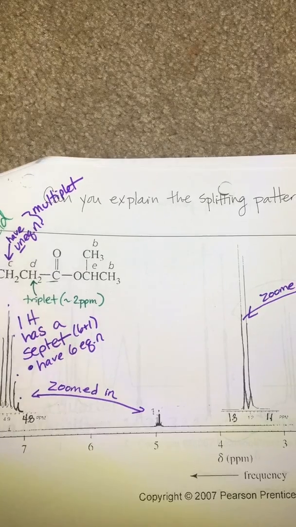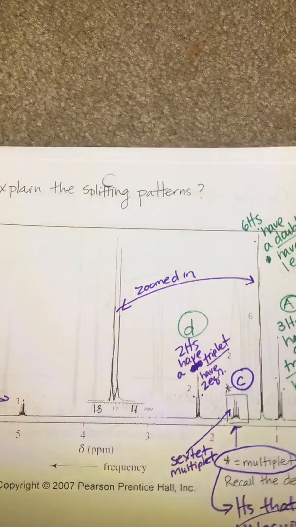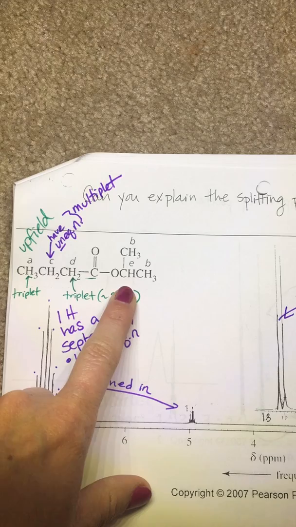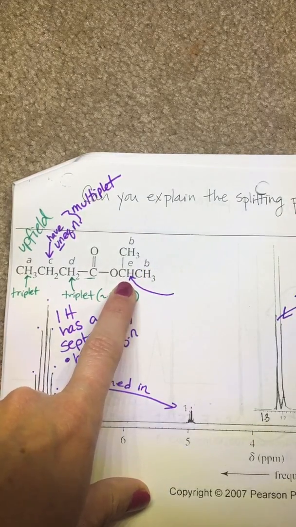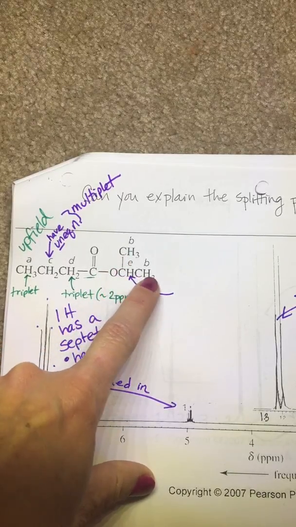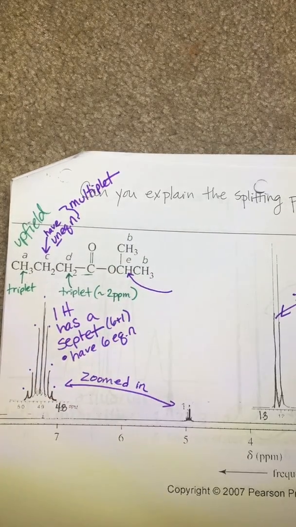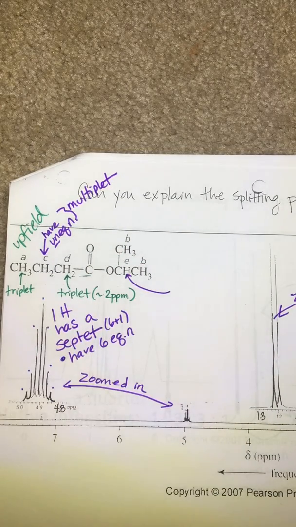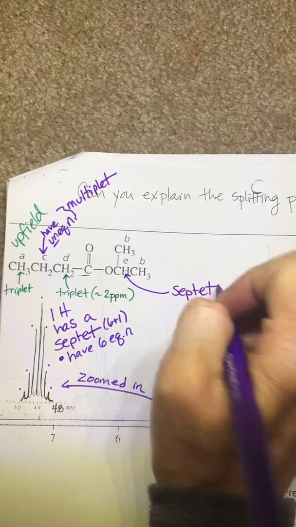We've got 2 more sets. And did I label that one? Okay, these are my Ds. Right in here, we've got 1 hydrogen. It's attached to this carbon that's got a methyl group branching off here and another methyl group branching off there. Again, this is drawn condensed, so if you need to, make sure you draw it out and can see your bonds. So that hydrogen there has 6 equivalent neighbors. 6 plus 1 would be our septet.